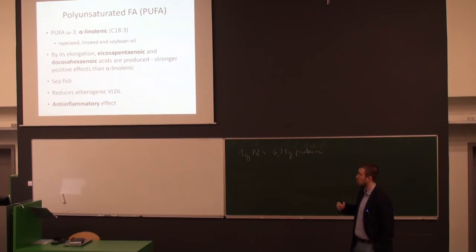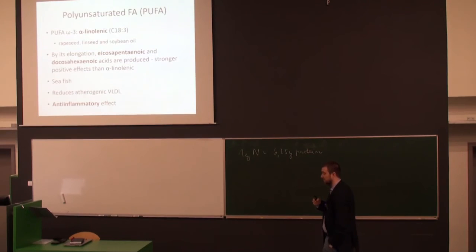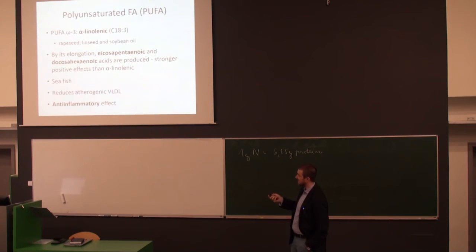Second source of the omega-3 fatty acids can be sea fish oil that contains two fatty acids, typically eicosapentaenoic and docosahexaenoic acid. For our body, it doesn't matter if you have this oil or this oil, since alpha-linolenic acid can be converted to these two fatty acids.